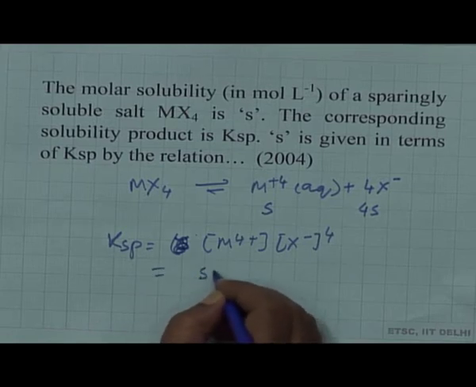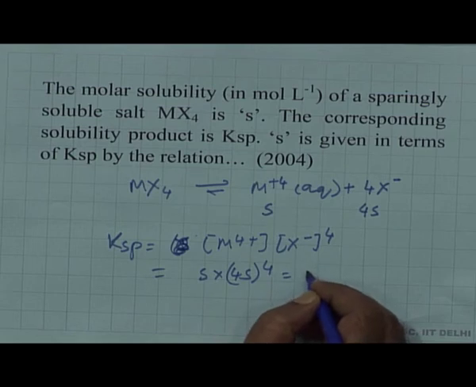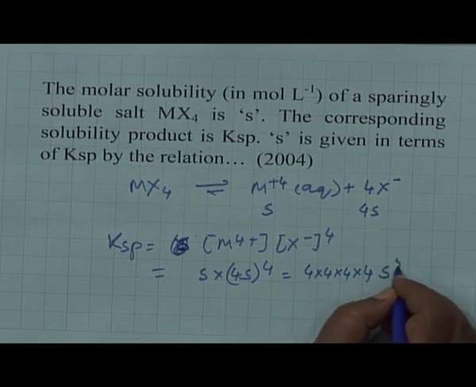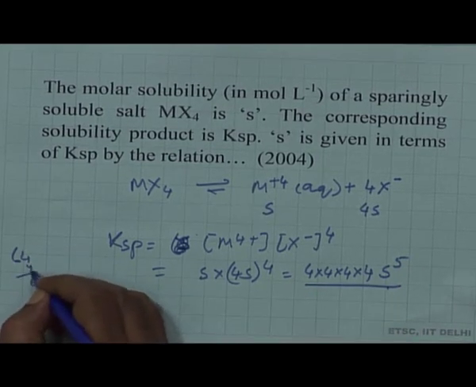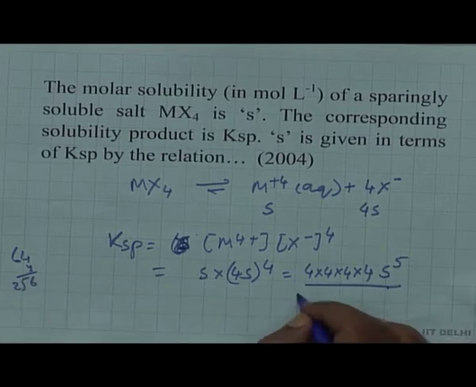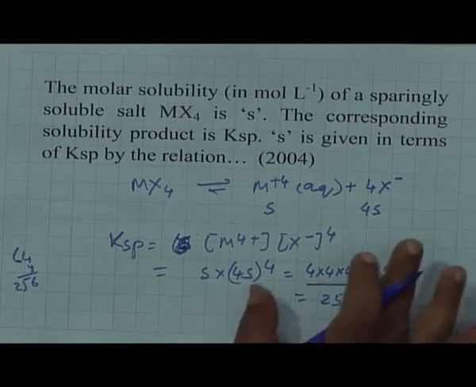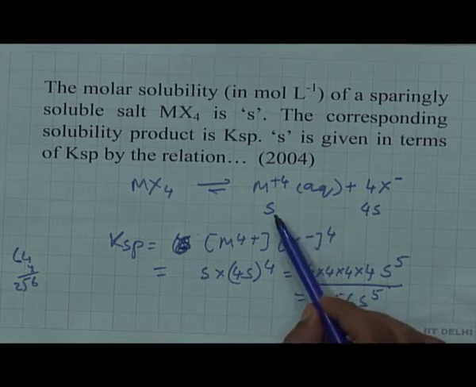So, this is S into (4S)^4, which is 4 into 4, 16 into 4, 64 into 4 into S power 5. So, 64 into 4 is equal to 256. So, 256 S^5.